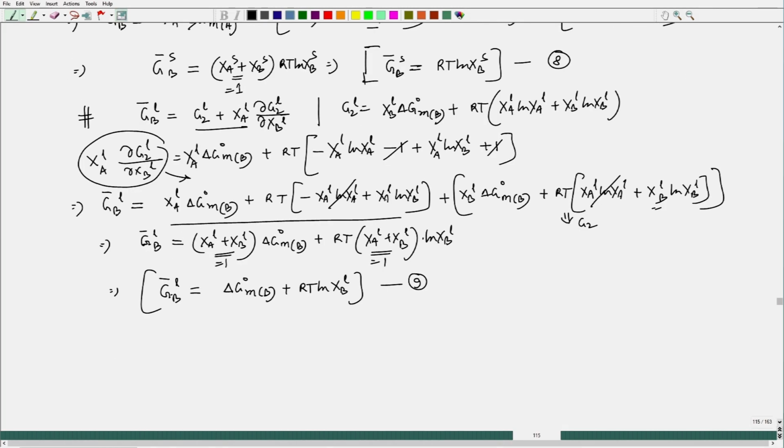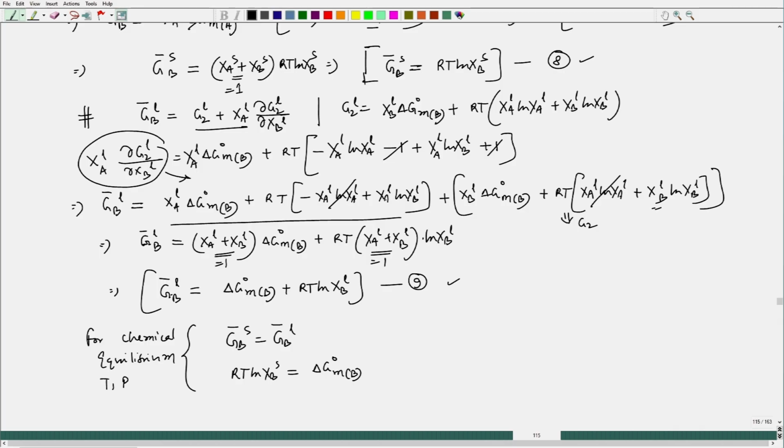Now I will equate equation 8 and equation 9 for chemical equilibrium at T and P: G B bar solid equals G B bar liquid. So this is equation 8, this is equation 9. I can write RT ln XBS equal to delta G naught M B plus RT ln XBL.